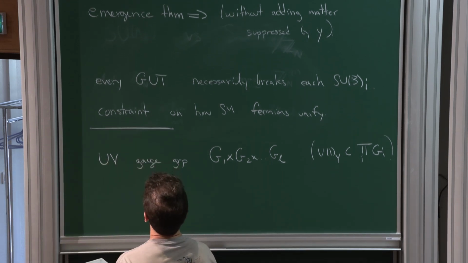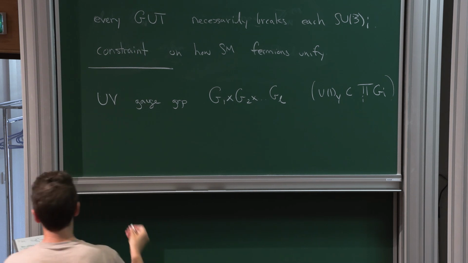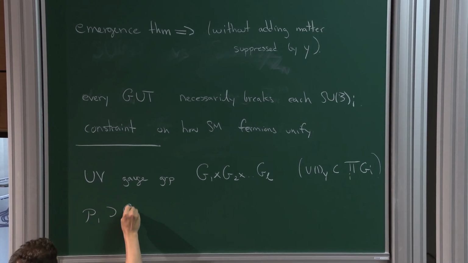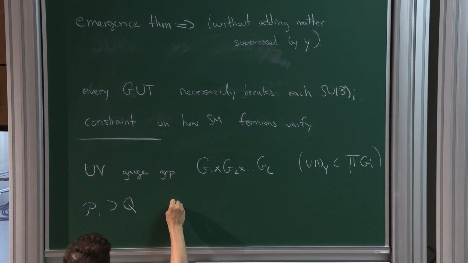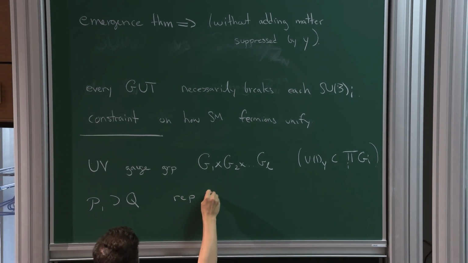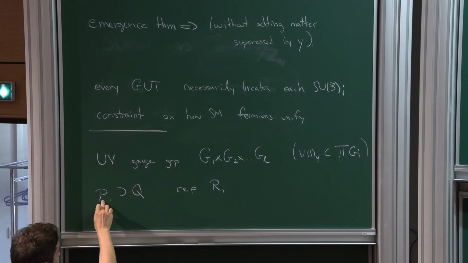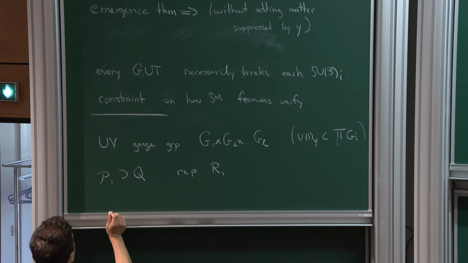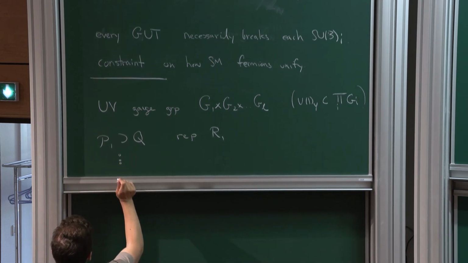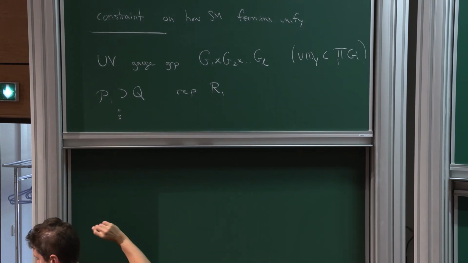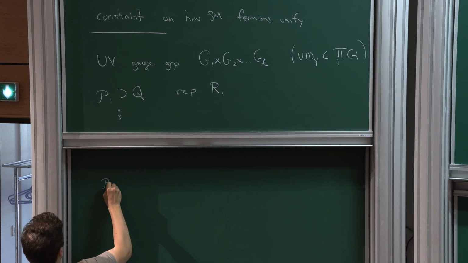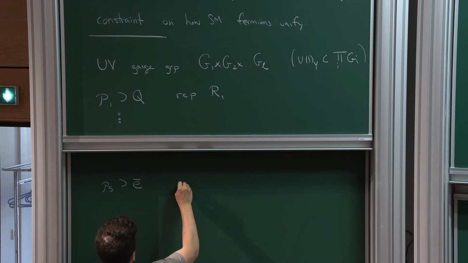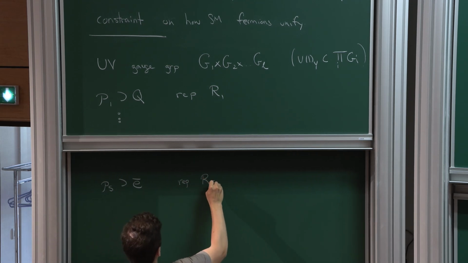And then we could imagine a possible unification pattern where Q goes into some fermion rho 1, which is in a rep R1 of that big group, etc., down to rho 5, which is some fermion that we could say contains E bar, and this is in a rep R5.